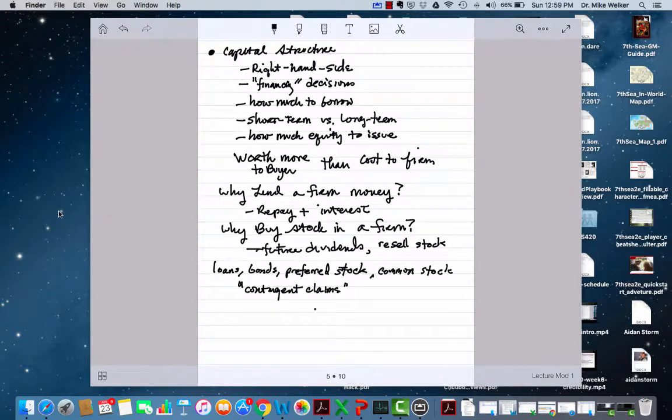Right? So you have the balance sheet, and the contingent claims sit on the right side, over here in the liabilities and equity. And the real assets, right, are on the left side, and cash flows are coming from the use of the real assets.